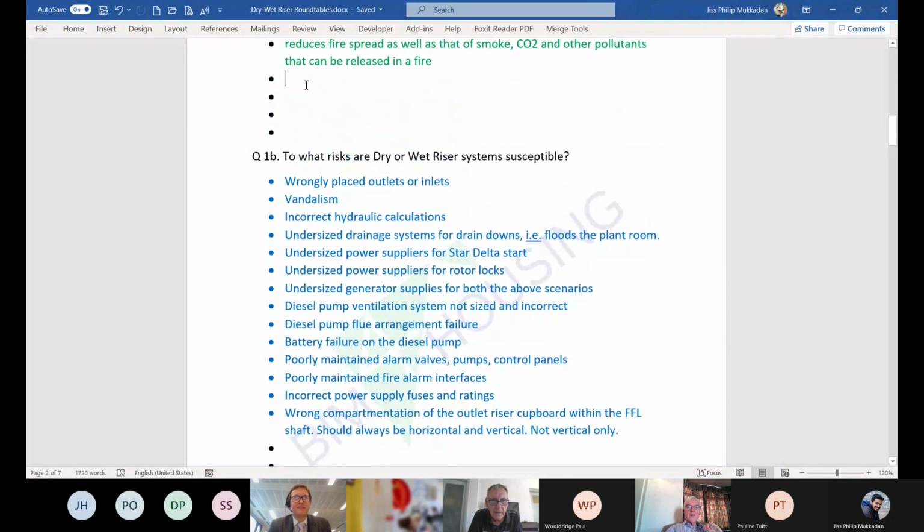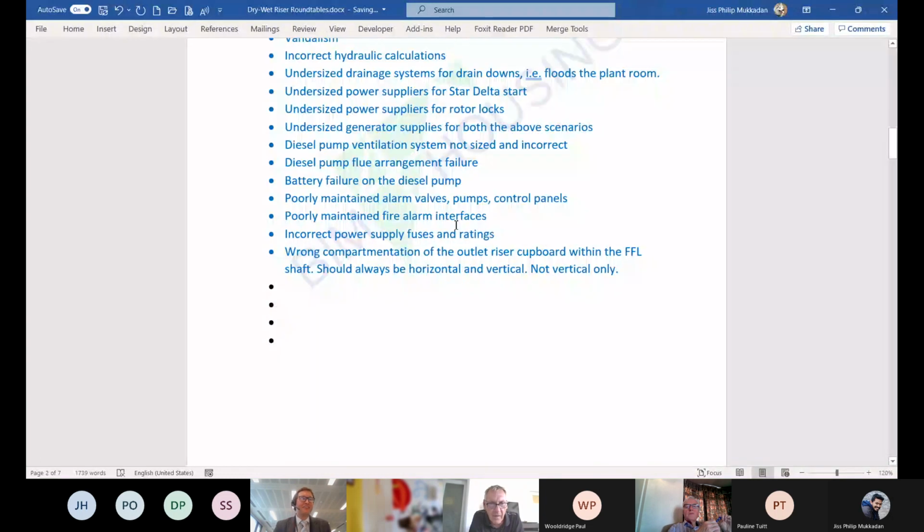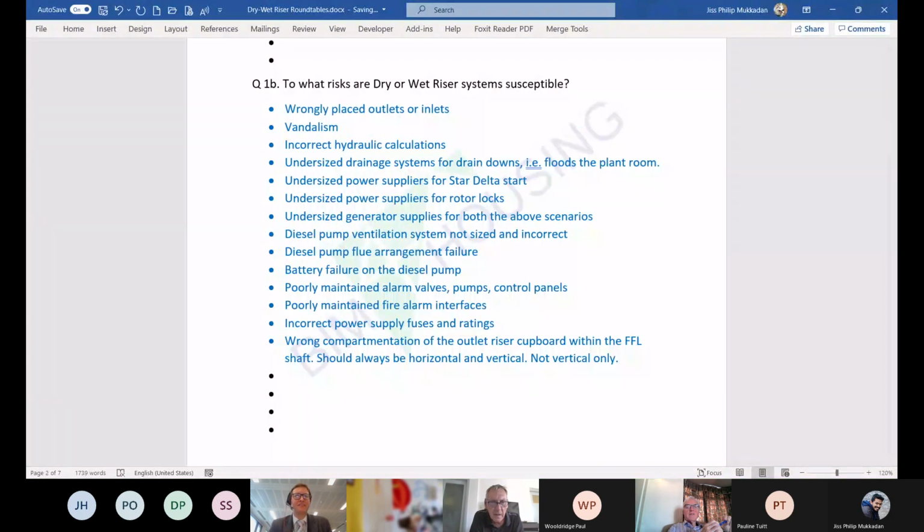Alan was absolutely spot on with that. They only work if they're switched on. Unless they're switched on, they don't work. Put that in, Jess: not switched on.